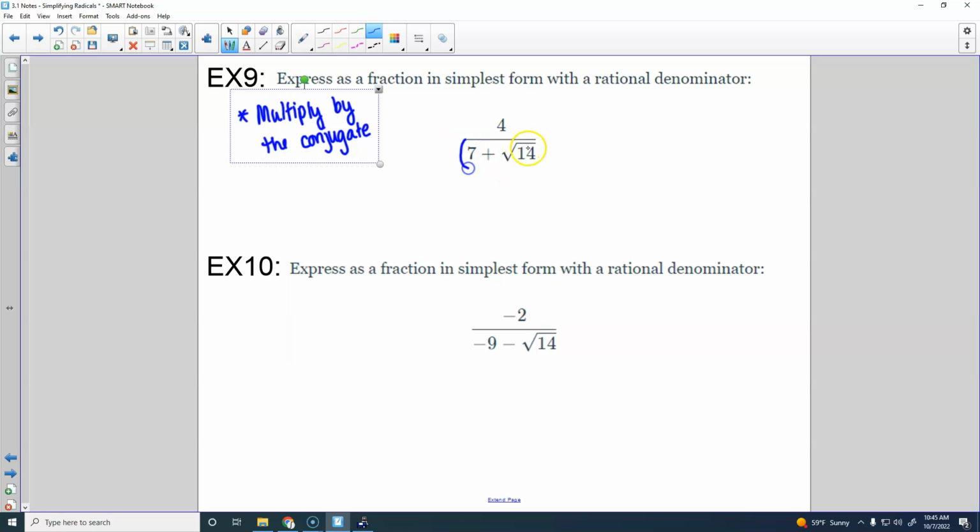And the conjugate just means that you are going to take whatever your binomial is and you change the sign in the middle. Just that sign. So, whenever you do that, you'll have 7 minus the square root of 14. And if you multiply by that in the denominator, you also have to multiply by that in the numerator.